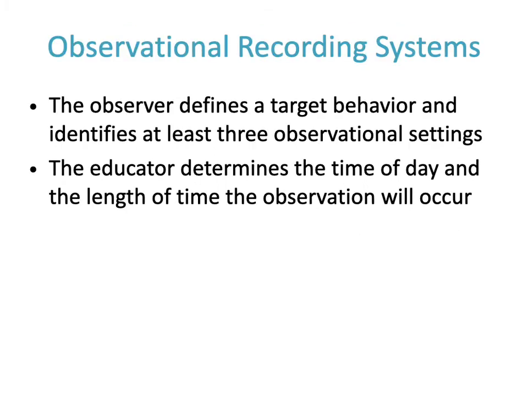To become more accurate observers, you have to define the target behavior, how the behavior looks like, and you have to identify at least 3 observation settings. So you will do observation across settings because we want to be more accurate and reliable. And also, teacher, you have to determine the time of day and the length of time the observation will occur before observations.